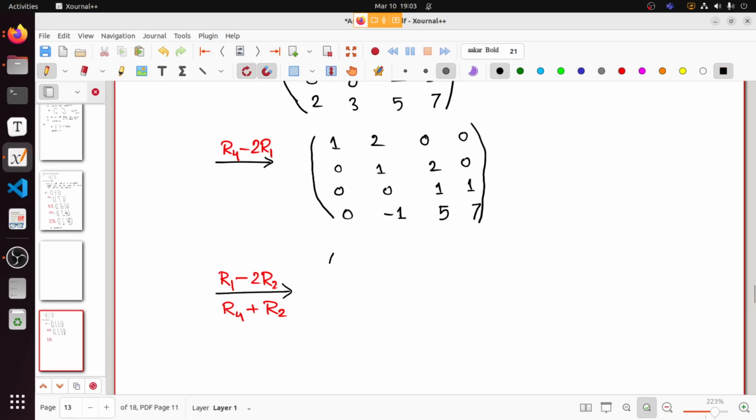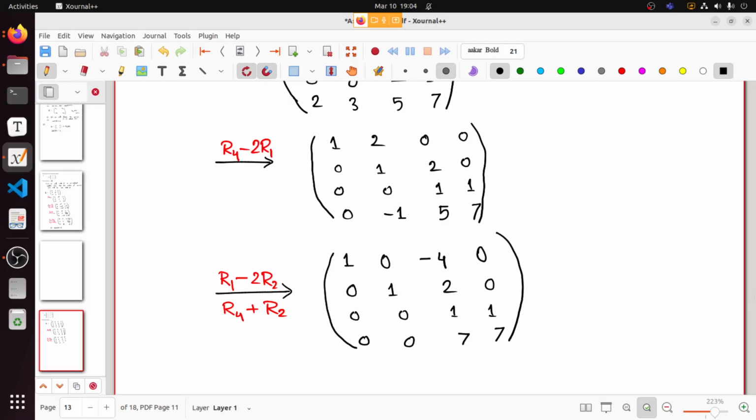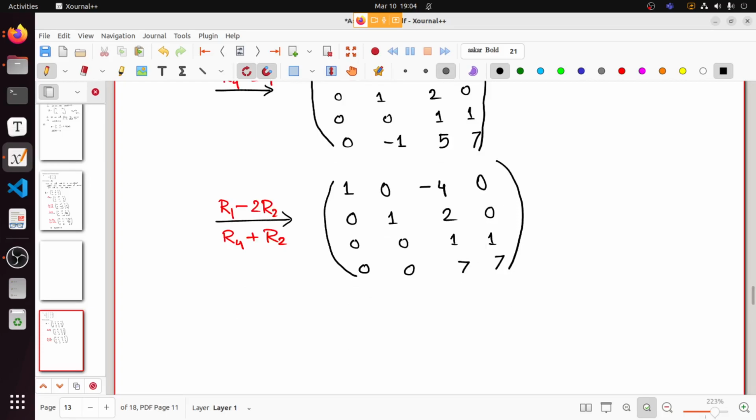Then R1 minus 2 R2 means it's 1, 0, 2 times R2 it's minus 4, 0, 0 1 2 0, 0 0 1 1. Here you are just adding R2 and R4, which gives 0 0 7 7, right?